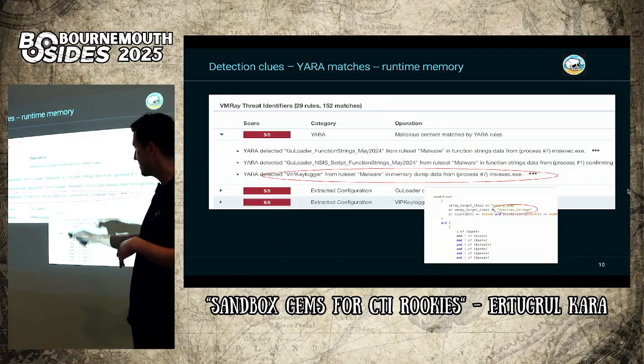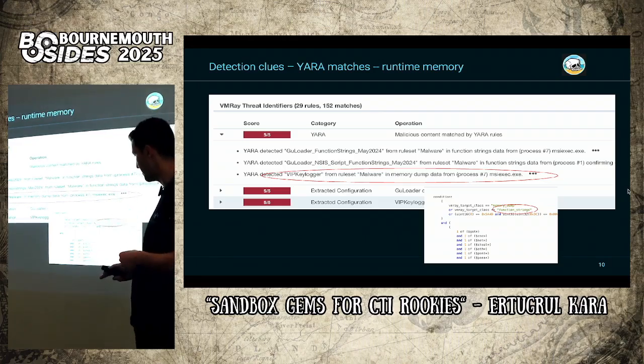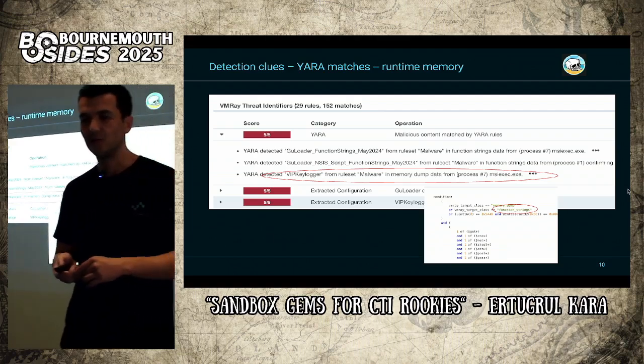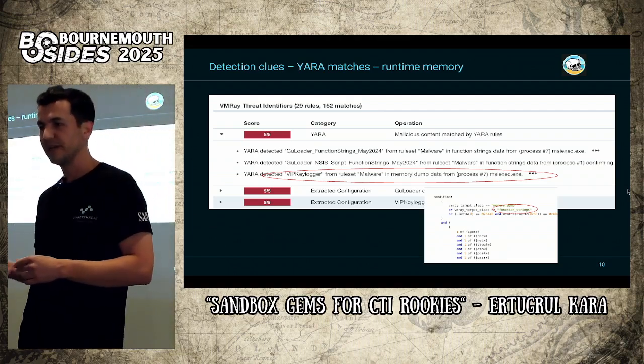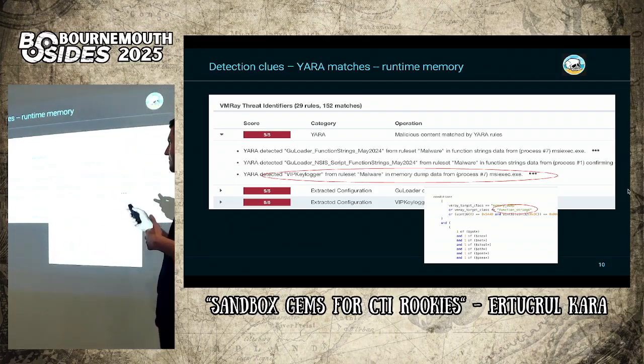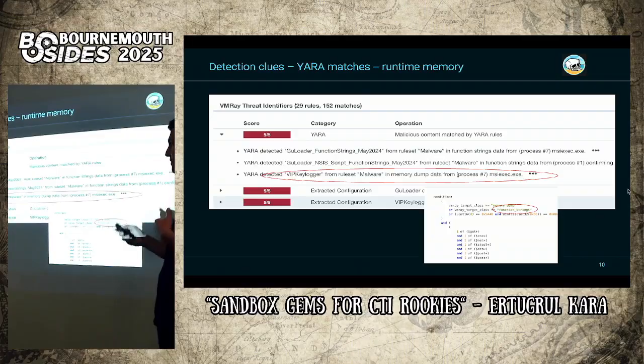This shows the match partially. You can see some function strings, and another match is based on runtime memory, so memory dumps, where these similar strings have been identified.